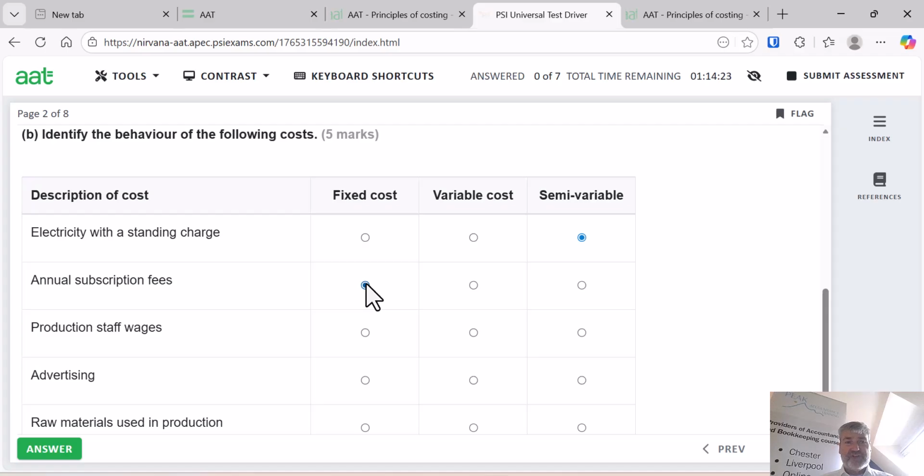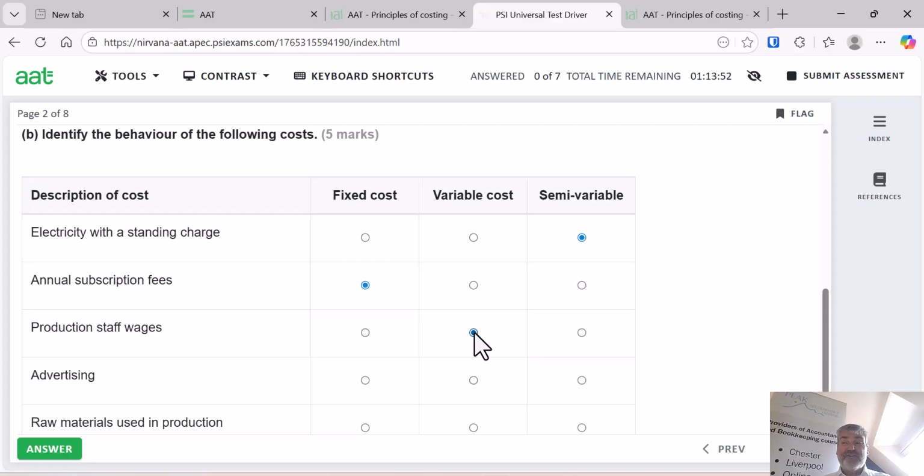That enables us to cost tasks in terms of the number of hours that need to be worked to perform that task, and of course we can work out an hourly rate to complete our costing. So for production labour, we can make the assumption that the cost is variable. The more work we do, the more volume we produce, the higher the labour cost will be.